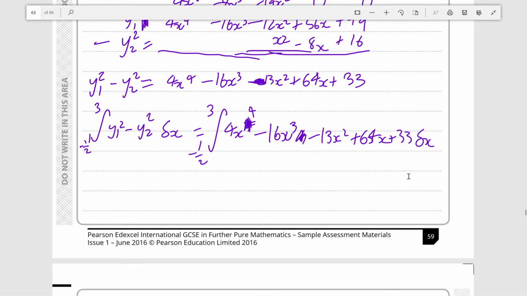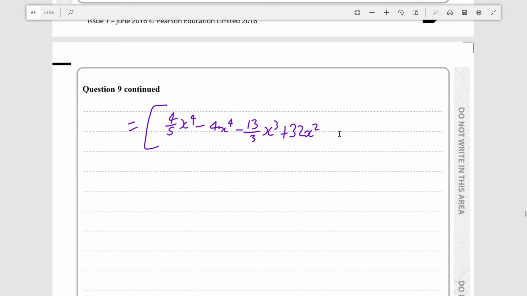And finally, plus 33 dx. And then 33, the integral of that would be plus 33x. And then this is in the bounds from 3 to minus 1 over 2.